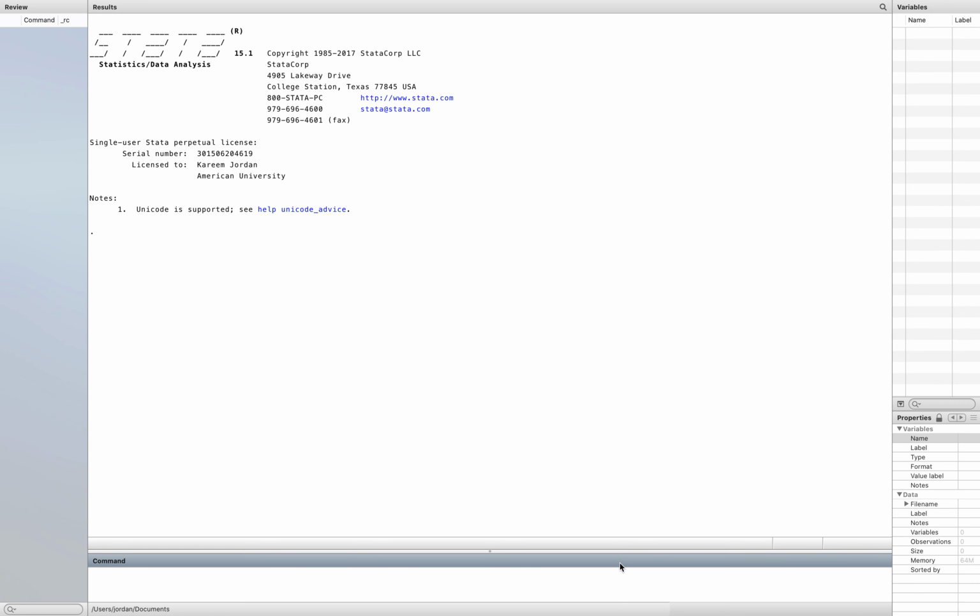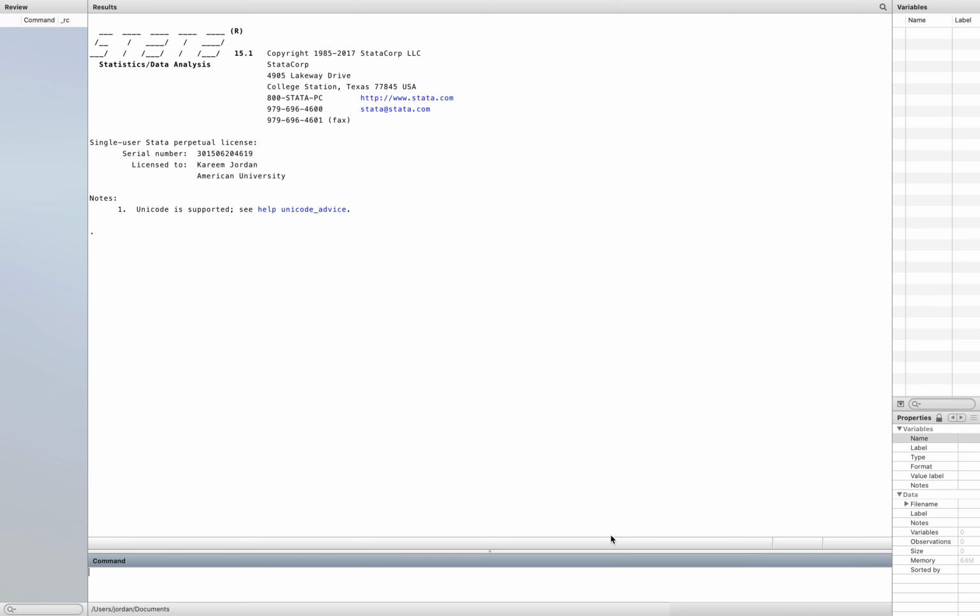So that's what a count model is, and why ordinary least squares is not the appropriate statistic to use to analyze count outcomes. So let's go through a negative binomial regression first and talk about a few things.